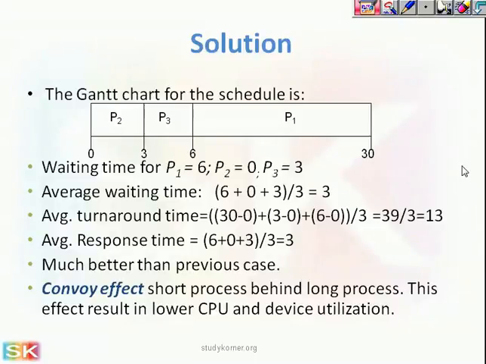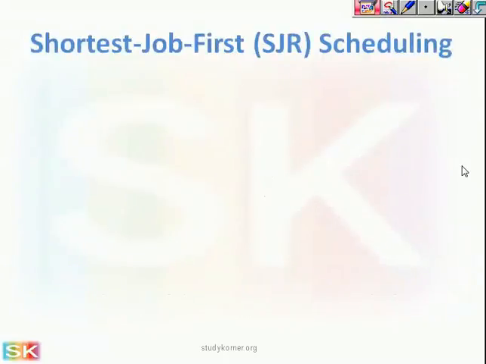So we should have some idea about the convoy effect, what it says, right? So if shorter processes wait behind long processes, this leads to low CPU utilization, and that is called the convoy effect.